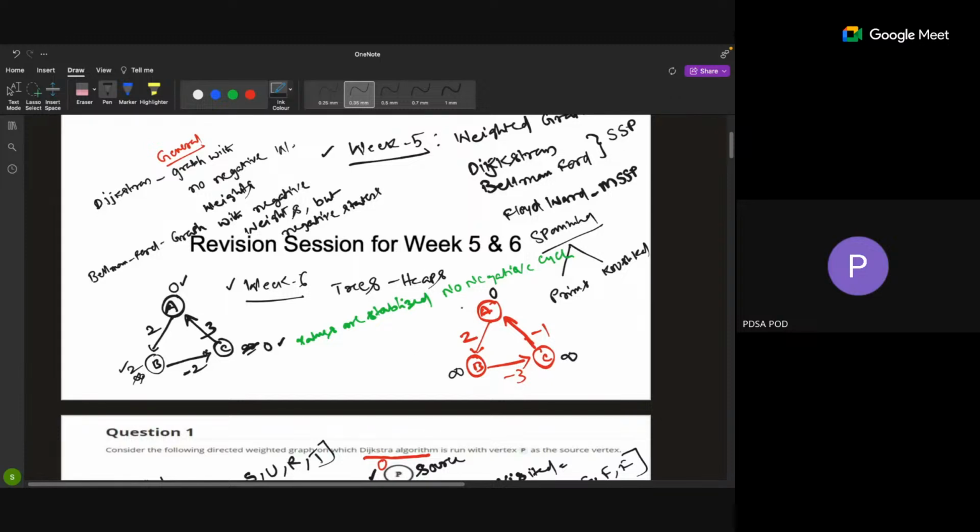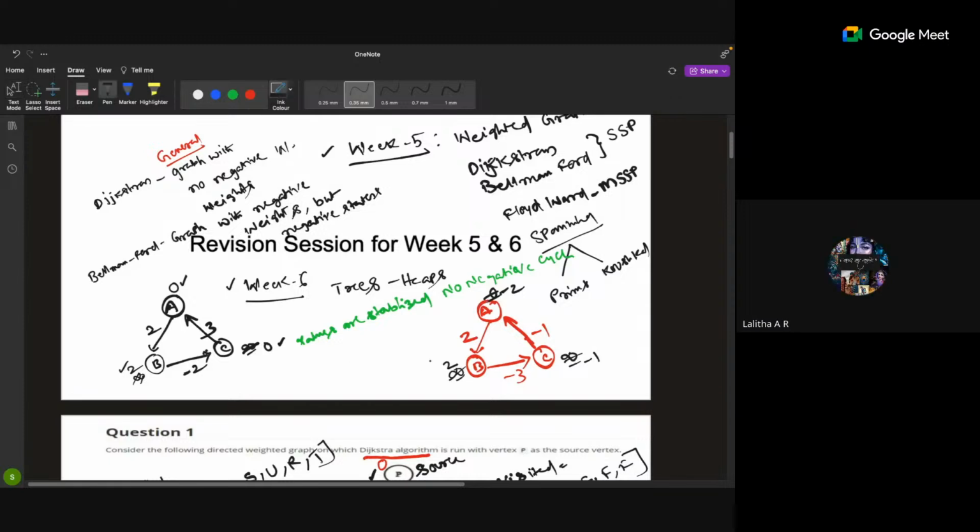Let me run it the first time with Bellman-Ford, because it works for negative weights, but negative cycles are reported. Negative edge weights it handles, but negative cycles it doesn't. Now 0 to this node is updated from infinite to 2. Then 2 plus -3 is -1. Then -1 plus -1 is -2, and -2 is smaller than 0, is it right?